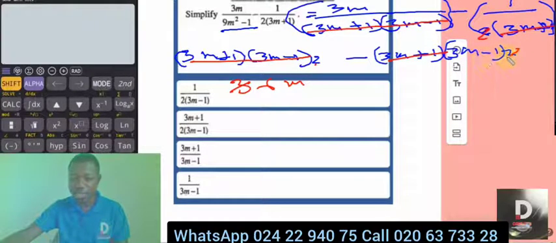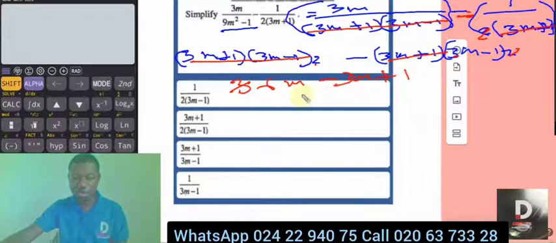Remaining 3m minus 1. And remember, the 3m minus 1 is affected by this minus. So you multiply this one by that. So we get minus 3m, then minus 1 times minus gives plus 1. Because this minus outside the bracket is multiplying this. You agree? Very important. So we get minus 3m. Then minus and minus will give what? Plus. All over the LCM.